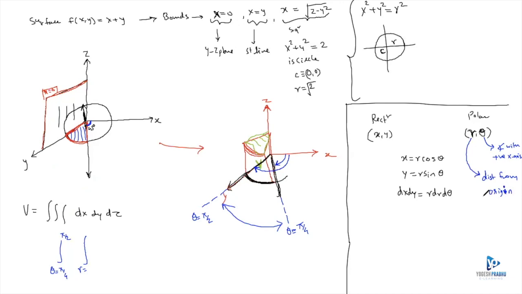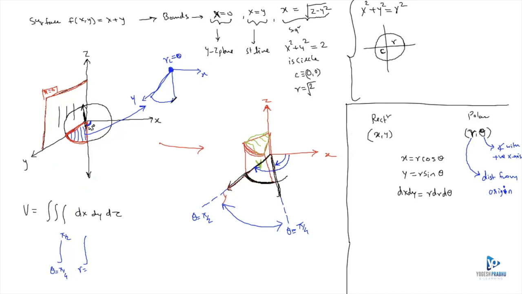It's polar form, right? So now you tell me that for this pizza slice over here, this is the x-axis and this is the y-axis. What is the lowest value r can be? Remember, r is distance from origin. 0.